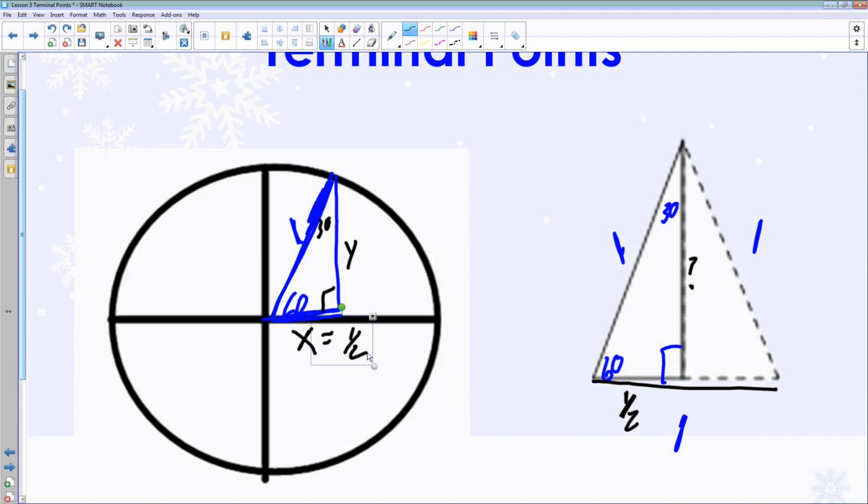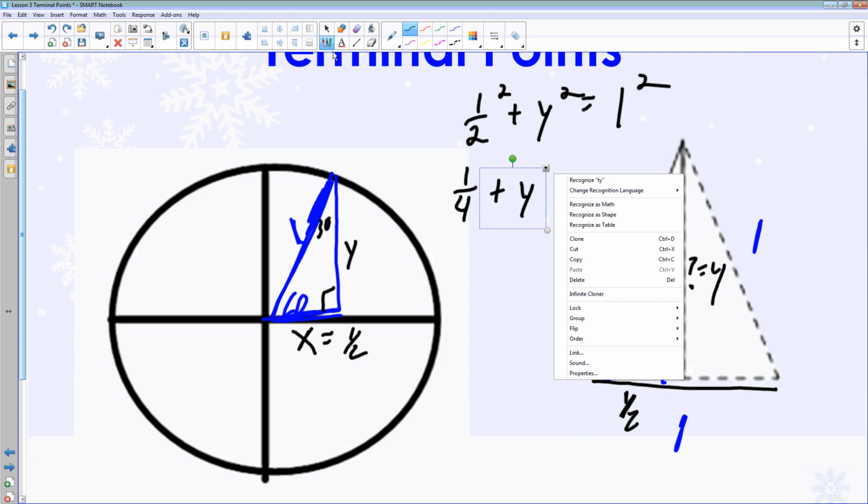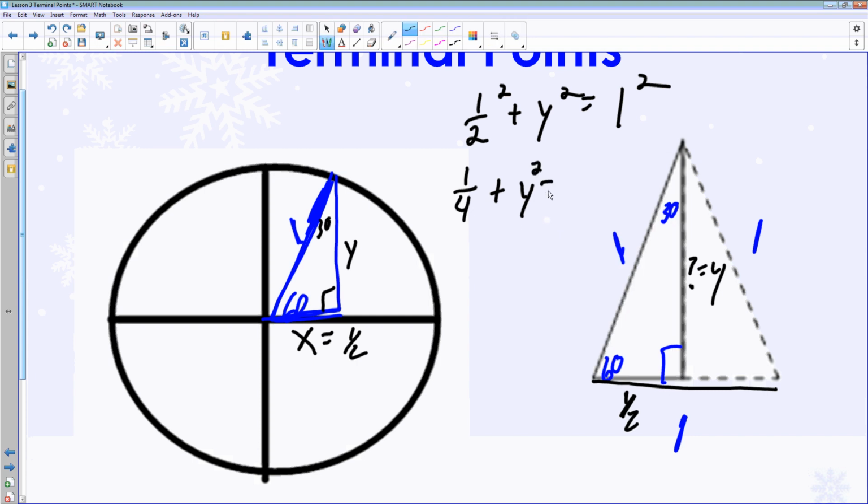Okay, so let's set up the Pythagorean theorem. And we can even call this y if we want to. So 1/2 squared plus y squared equals 1 squared, right? A squared plus b squared equals c squared. So 1/2 squared, 1/2 times 1/2 is 1/4. 1 squared is 1. We're going to subtract 1/4 from both sides.